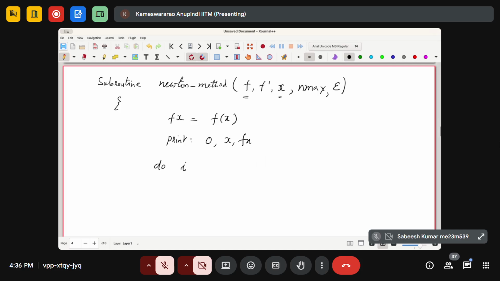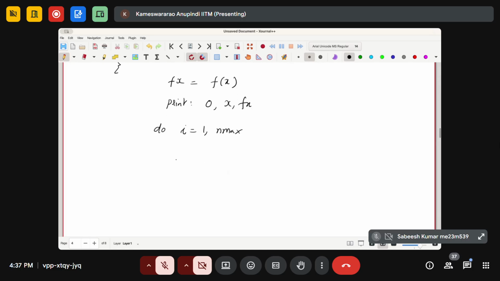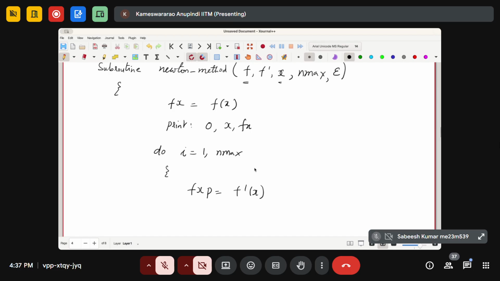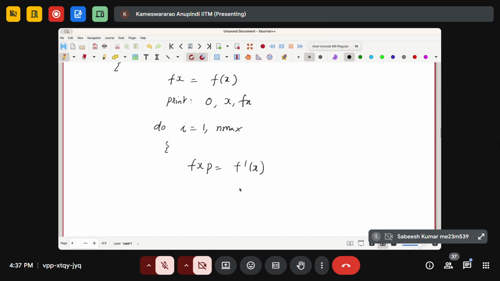I essentially do i equals 1 to the maximum number of iterations, so I'm starting a loop here. The first thing I'll do is calculate f prime x, that is fx prime equals f prime of x. I already have f of x calculated, and f prime x is what I need to calculate.